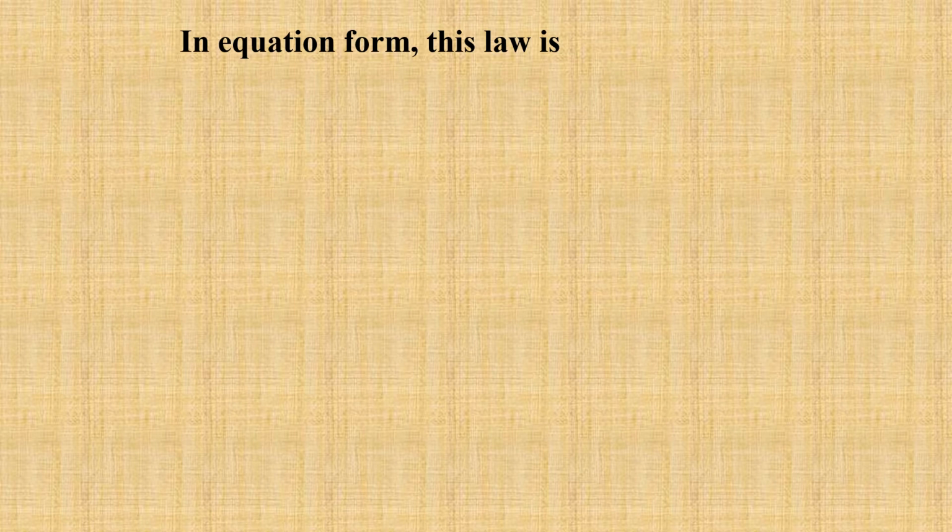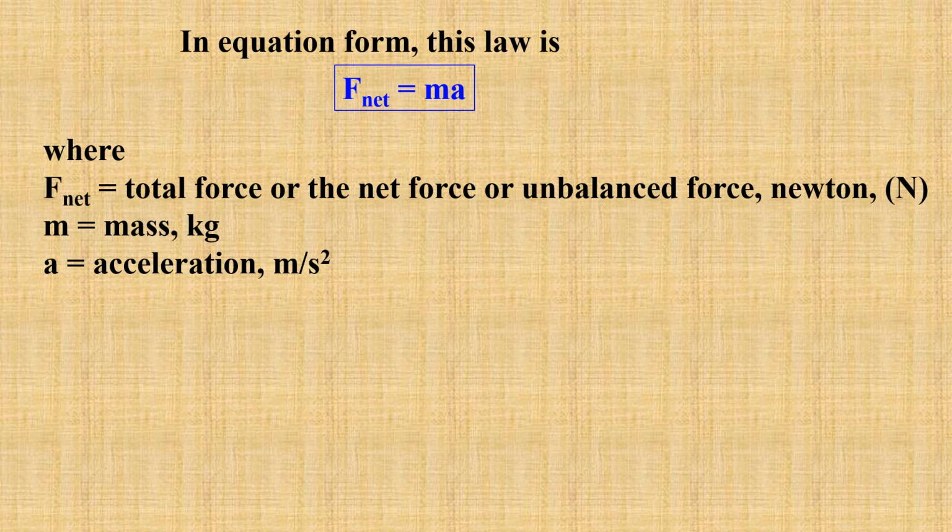In equation form, this law is written as F net equals mass times acceleration, where F net is the total force, or the net force, or unbalanced force, in Newton, or the symbol is N. M is the mass in kilograms, symbol kg, and a is the acceleration in meters per second squared.